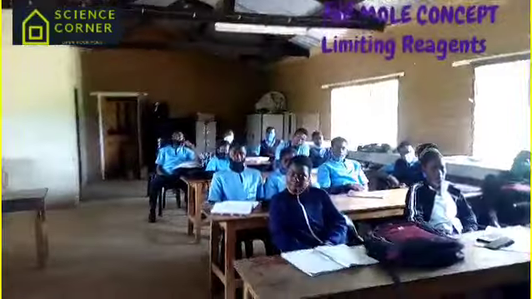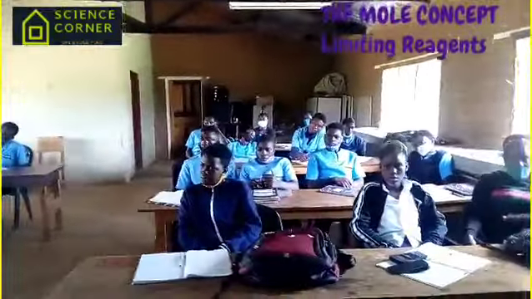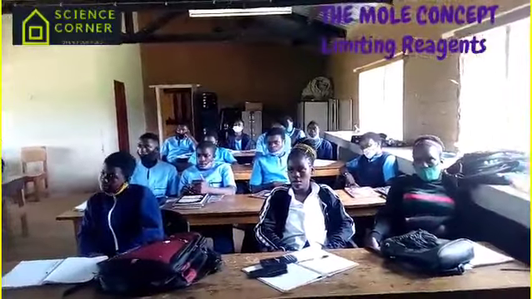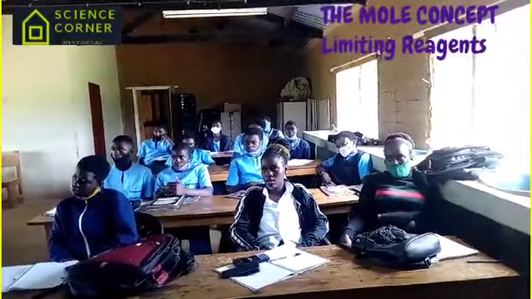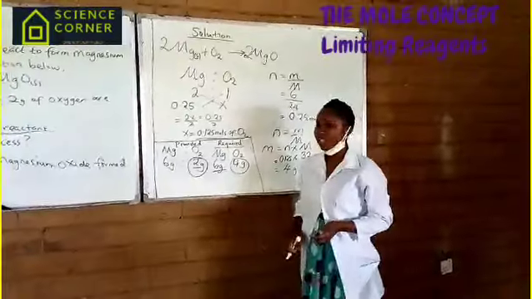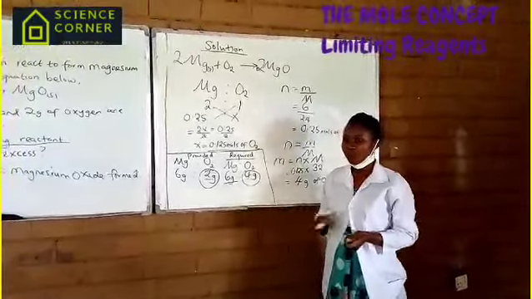Which one is going to deplete first? Oxygen is going to finish first, isn't it? Because it is less than what was going to be required for 6 grams of magnesium.